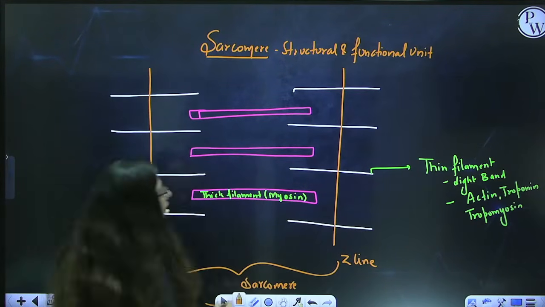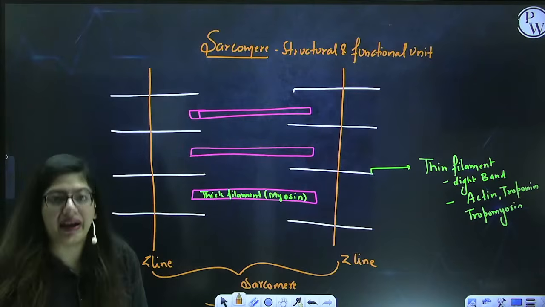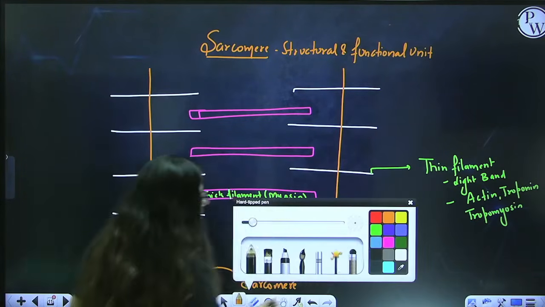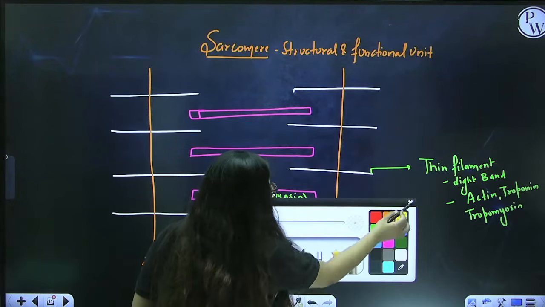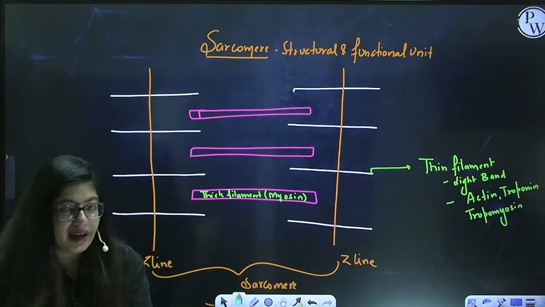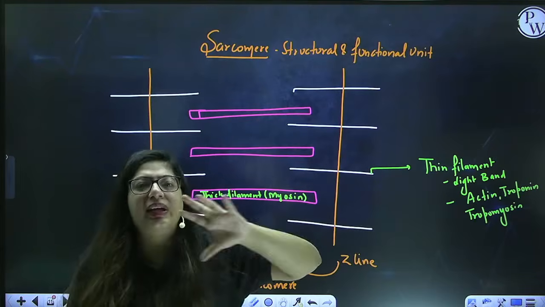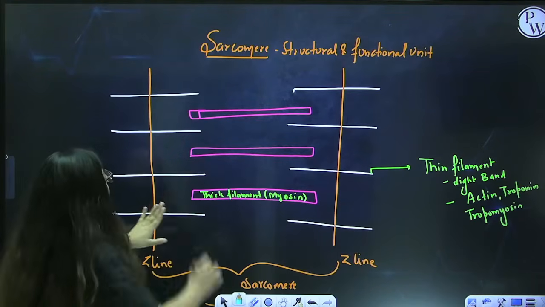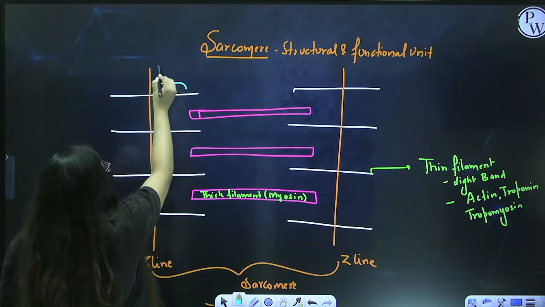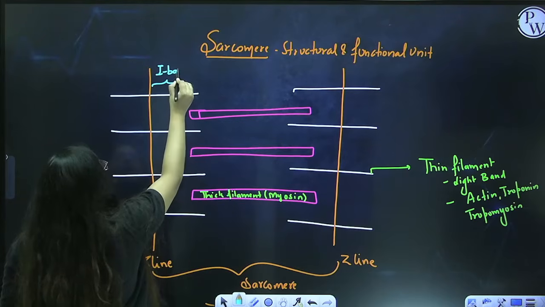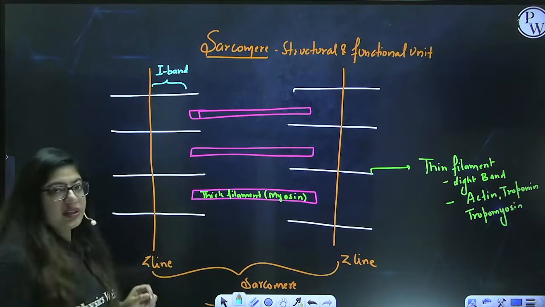So we have divided the entire area into bands. Listen to me very carefully, this is quite serious here. Any band which has only light filament, or only thin filament, only light band, this portion, you will call it I band. Do you understand this?